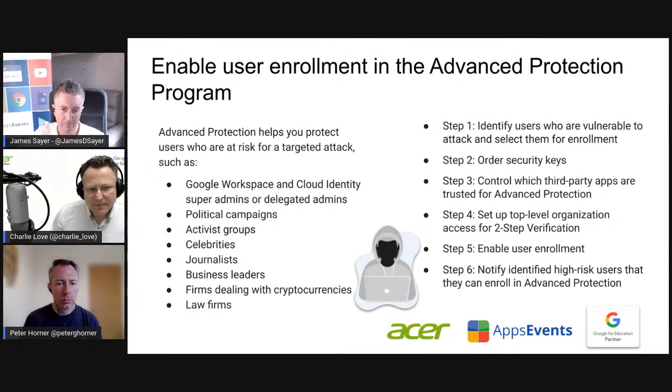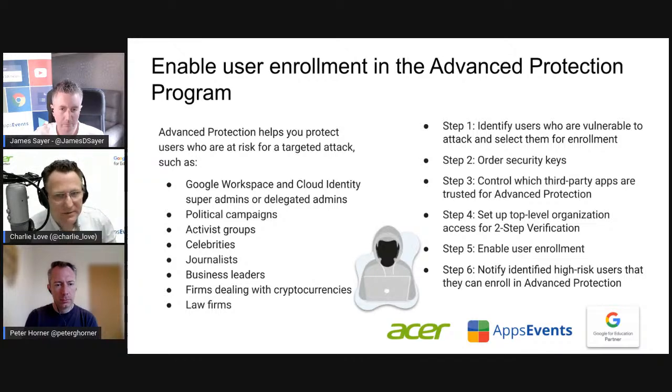So this Advanced Protection Program gives you a workflow as administrator to work through, turning on a number of controls and enrolling those users in the program. And it is the highest level of security option that you can get to protect your accounts. It uses the security keys that we spoke about before, and you can control access to various third-party applications.